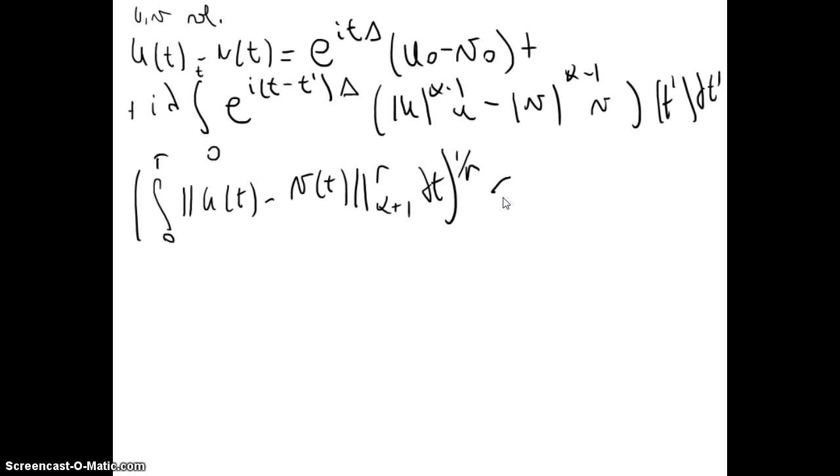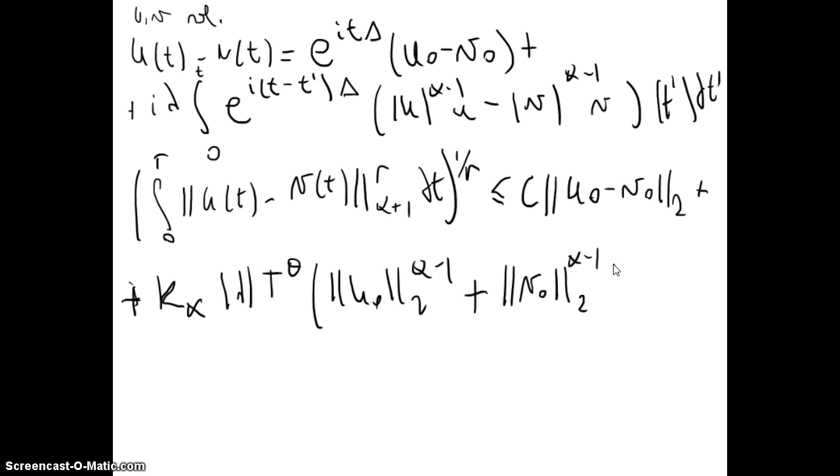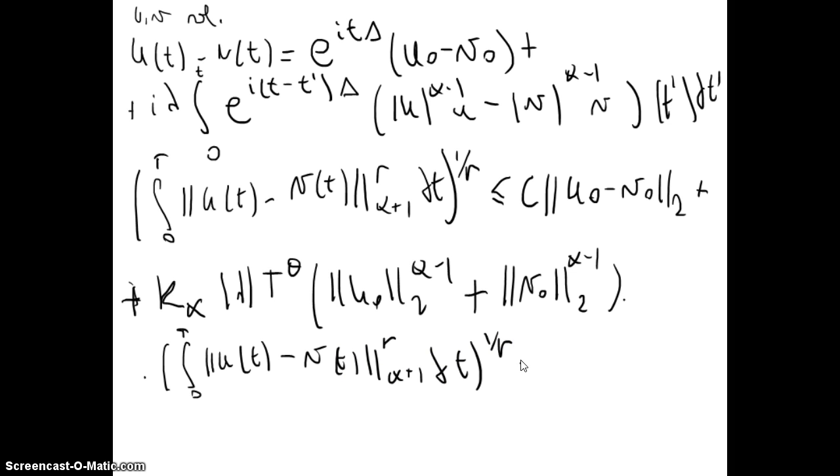This will be less than or equal to C norm of u naught minus v naught in L^2 plus, not the bound for this, let's say we have a K alpha lambda t theta, norm of u naught alpha minus 1 in L^2 plus norm of v naught alpha minus 1 in L^2, this multiplied by integral 0 to t of u(t) minus v(t) in L^{alpha plus 1} dt to the 1 over r.